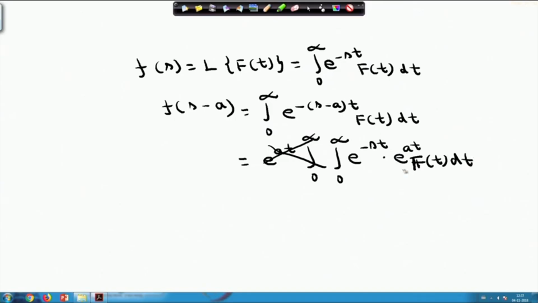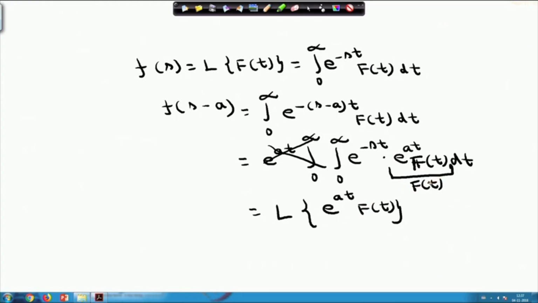And now, what is your function? You see, this is your new f(t), say. So what can I write? This is nothing but the Laplace transform of e^(at) f(t), because by definition the Laplace transform of e^(at) f(t) is the integral from 0 to infinity of e^(-st) into this function, that is e^(at) f(t) dt.